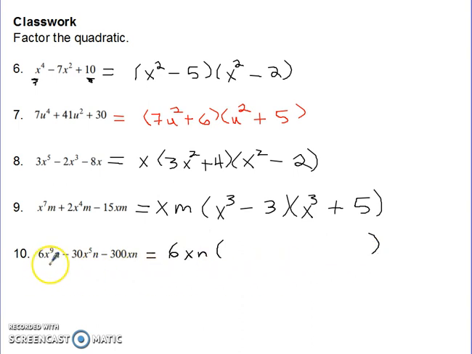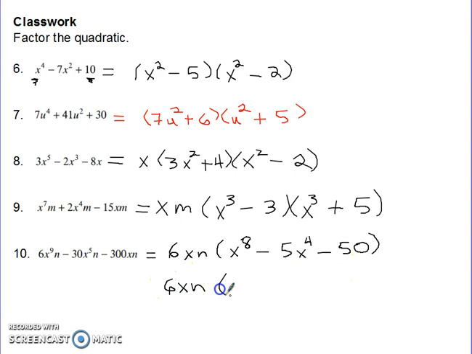And I'm left with, let's see, an x to the 8th and minus 5x to the 4th, and then a minus 50 left. So remember that you could check my work by multiplying back in the 6xn.